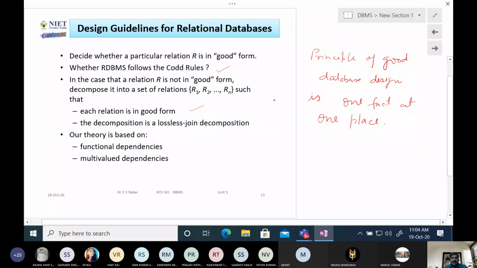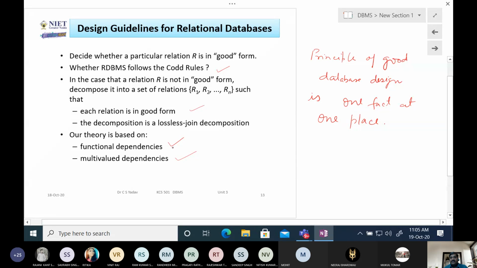And I have already explained normalization theory is based on functional dependency and multi-value dependencies. And third one is join dependencies. So in fifth normal form, you all will study about join dependencies. In fourth normal form, you will study about multi-value dependencies.